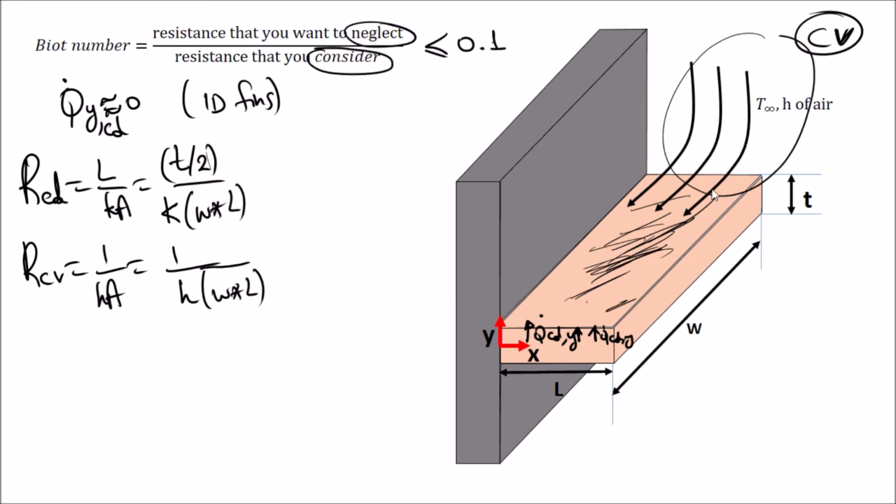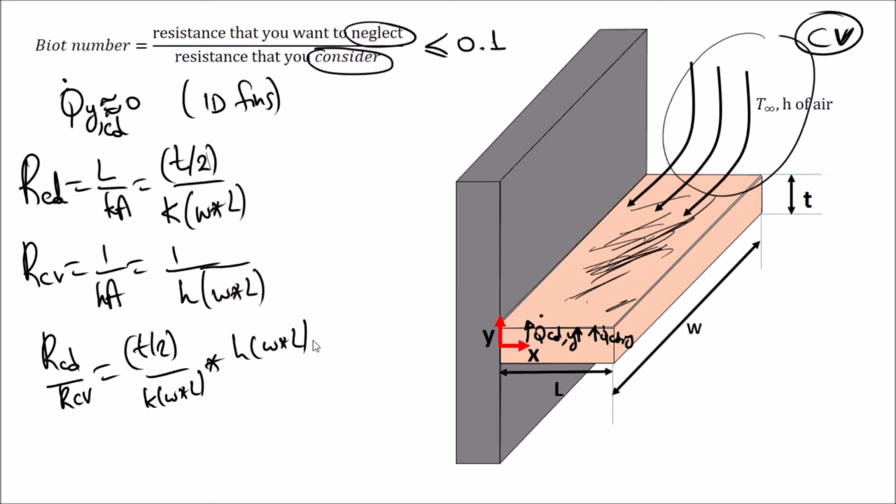You can consider the front and back surfaces, it depends, but we are considering only this area. This one will be 1 by hWL. If you compare these two values, R conduction by R convection, this will have the thickness by 2 divided by kWL, multiplied by hWL. This cancels out, and you will have h times thickness over 2k.